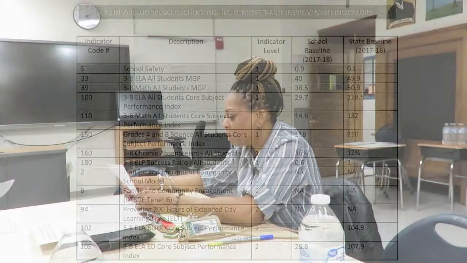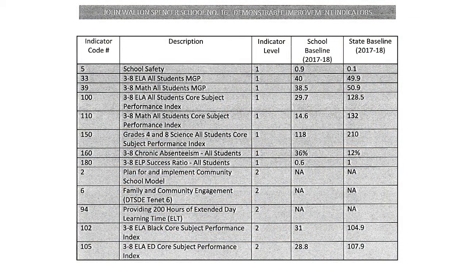And then the next set of indicators are level 2 indicators. And those start with the plan for and implement community school model, the family and community engagement, which is our tenet 6 from the school comprehensive educational plan. And then we have a subgroup, which is grades 3 through 8 ELA, Black core subject performance index.